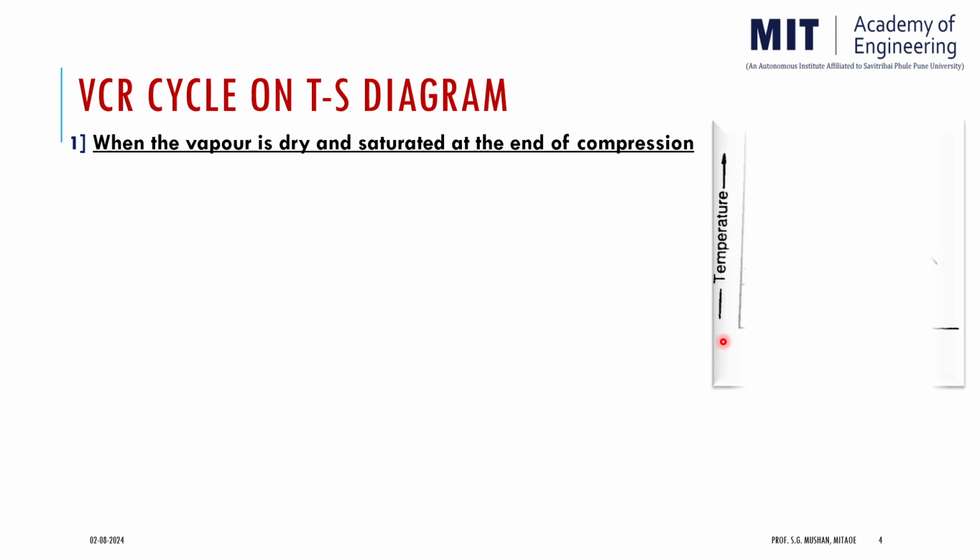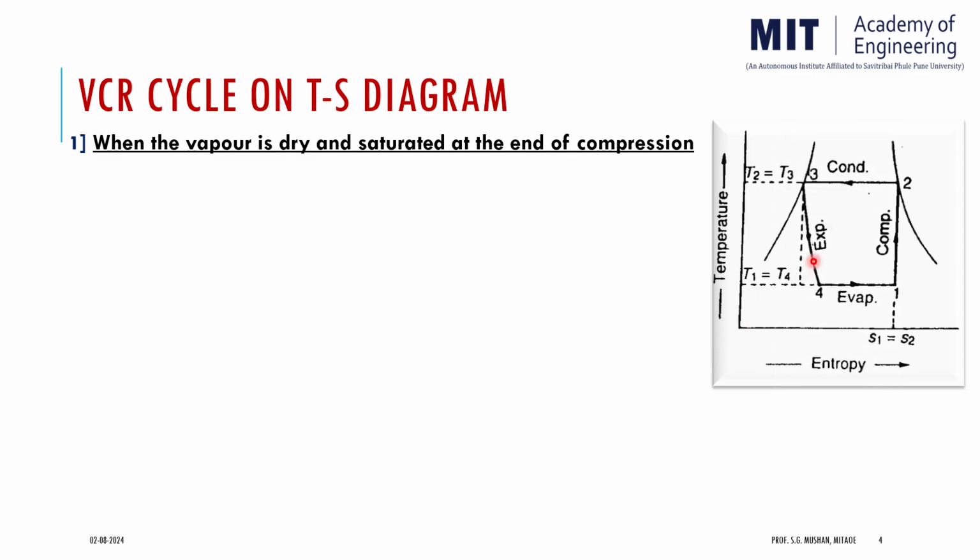So our point number 2, after compression, will lie on the saturated vapor curve. Okay. And since the compression process is adiabatic where entropy remains constant, 1 to 2 is a straight vertical line. So once we plot the point number 2, we just need to draw a straight vertical line downward till the initial pressure. That is our point number 1.